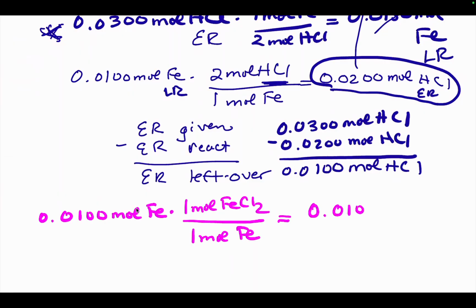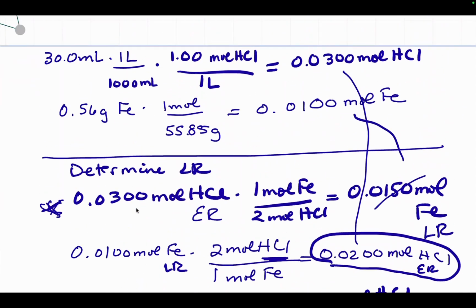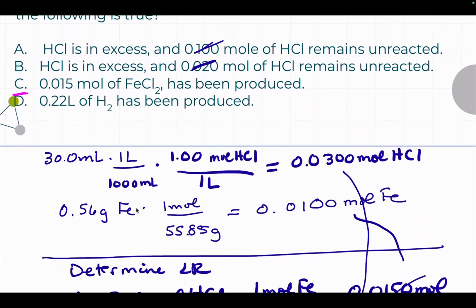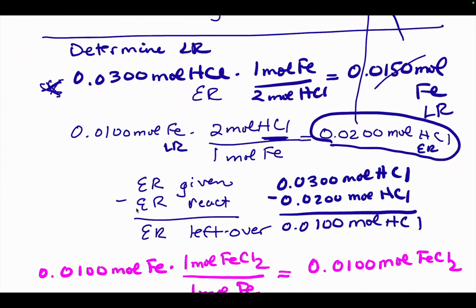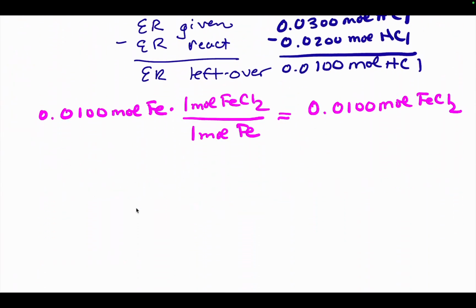And yes, it's a 1-to-1, but I would still expect that you showed your work or you explained that. So we're going to produce 0.0100 moles of iron 2 chloride. And you can see this is not the right answer. So that leads us to D, but let's confirm it. D should be our correct answer.